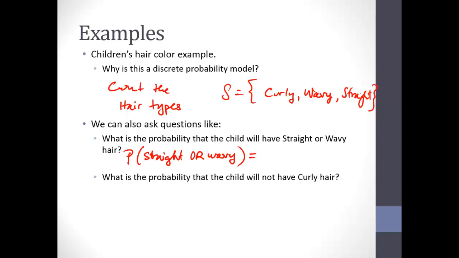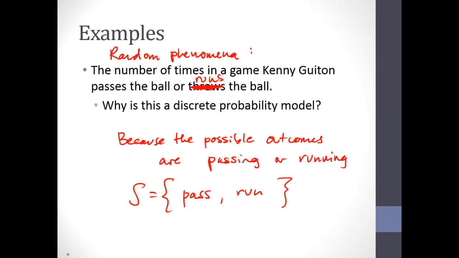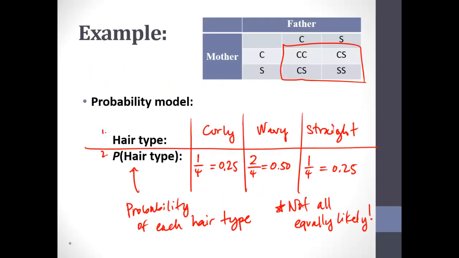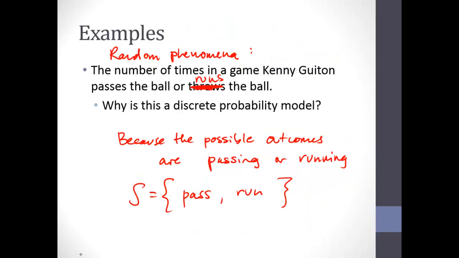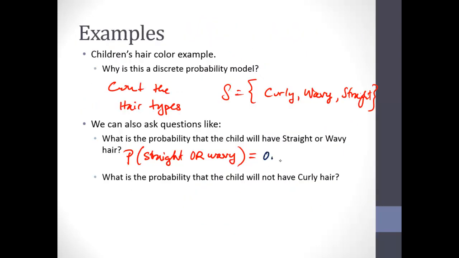If I want to include both of those groups, this is going to be 0.5 plus 0.25 equals 3/4 or 0.75.